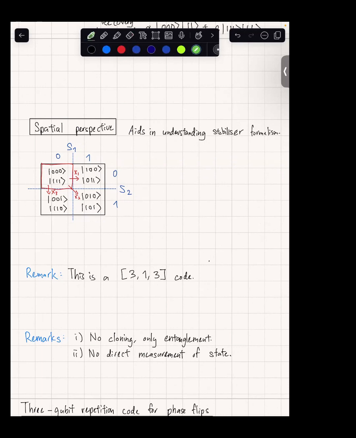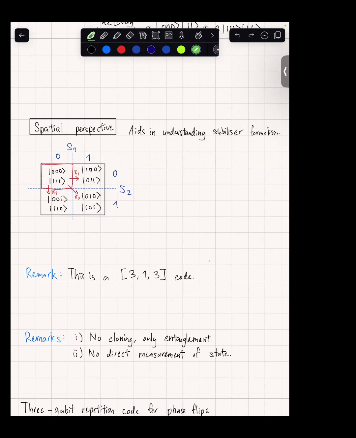Since these lines bisect the space, in each of the four quadrants there are two code words. Now we can see that this top left-hand corner of the space is our set of valid code words, 000 and 111.